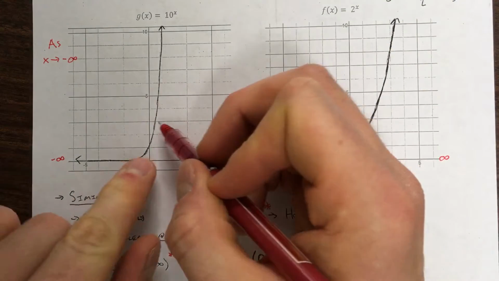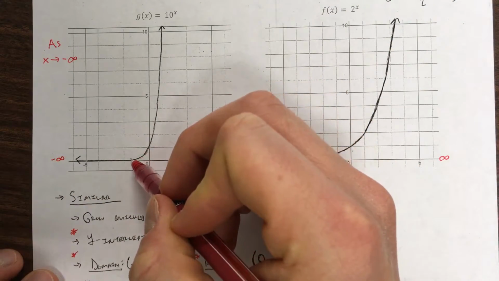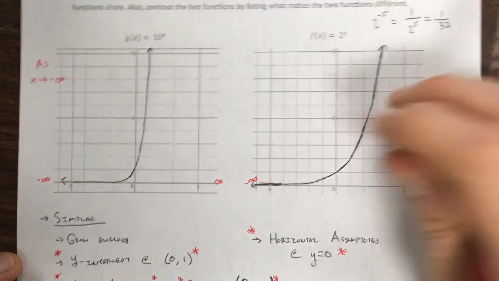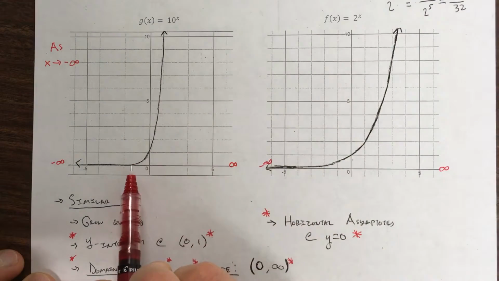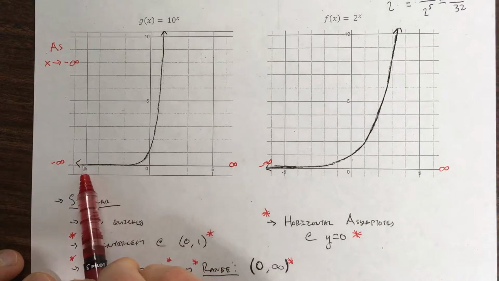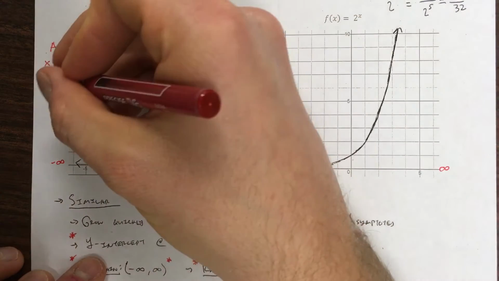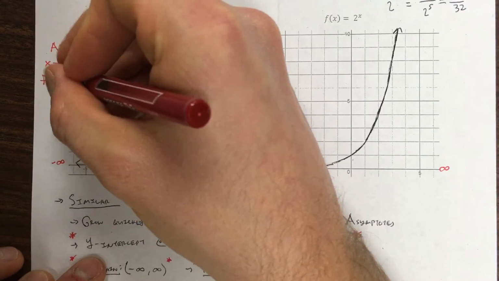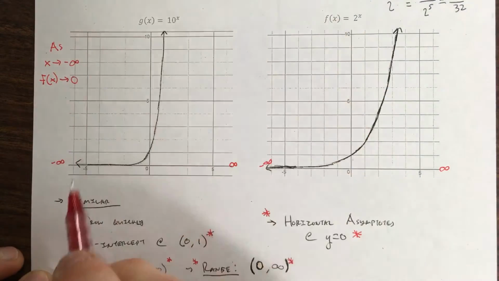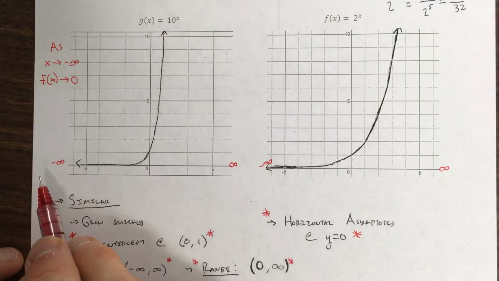Well, this function is getting really, really small, really quick, but it's actually never going to touch 0. It's going to approach 0 but never touch. So we say f of x approaches 0 on this left-hand side.